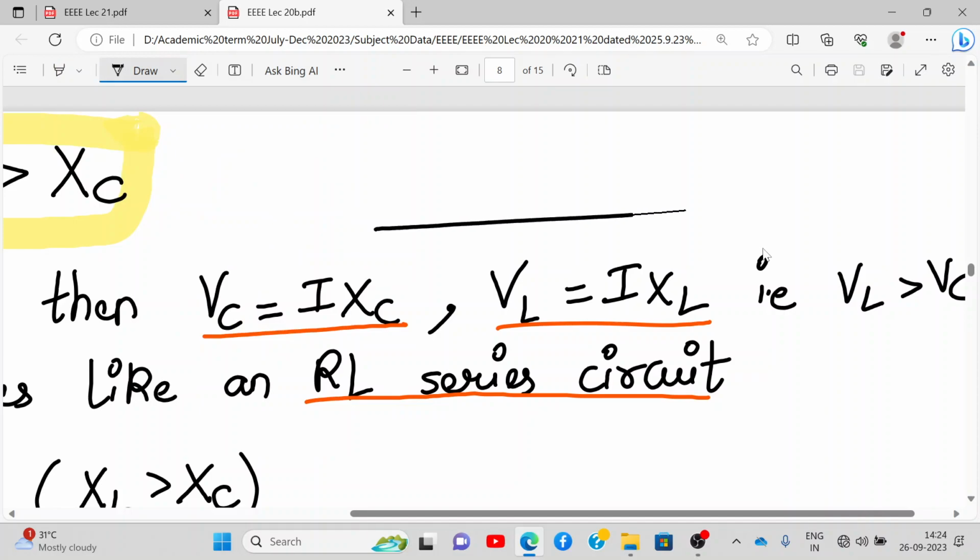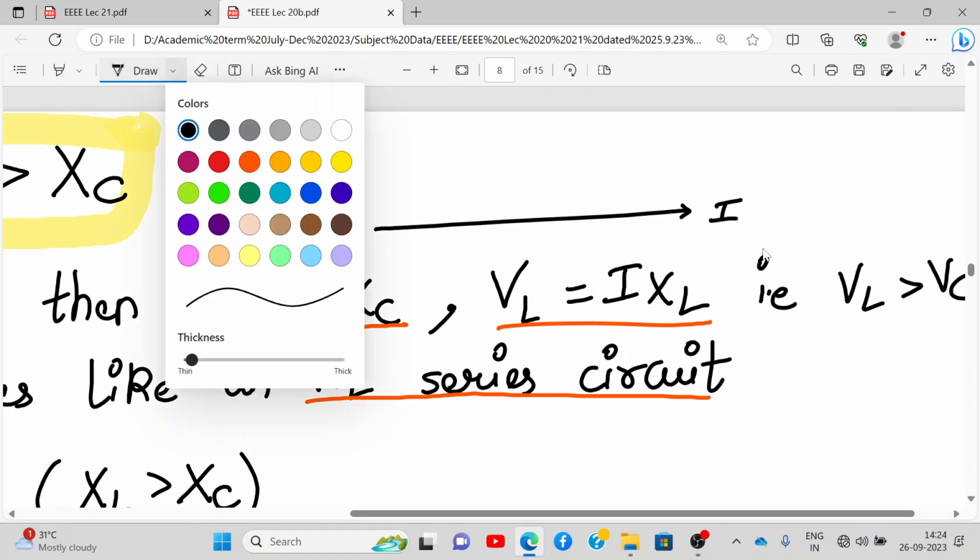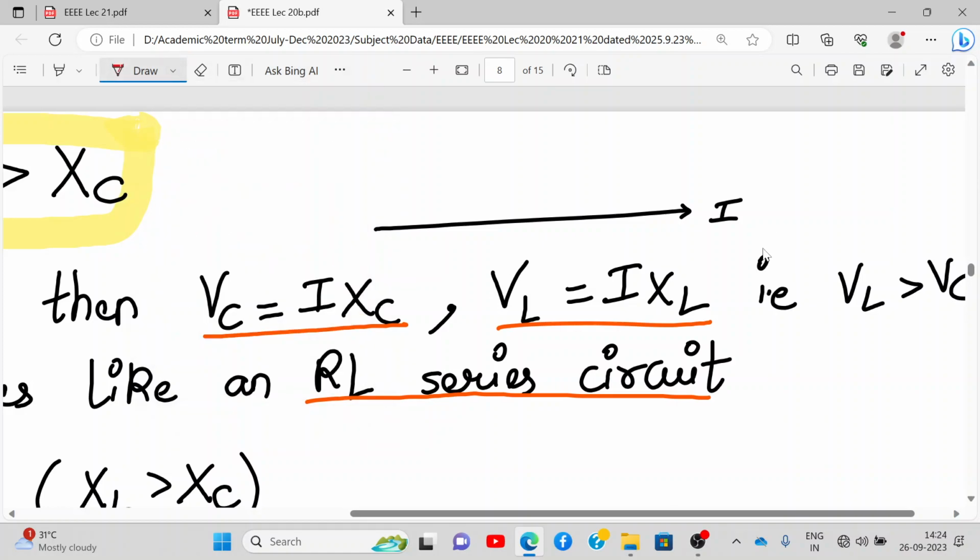So this is current I. Now I will draw voltage VL. Voltage VL is leading the current by 90 degrees, right? So where will it come? Over here. This is VL. Where is VR? Over here. This is VR equal to I into R.